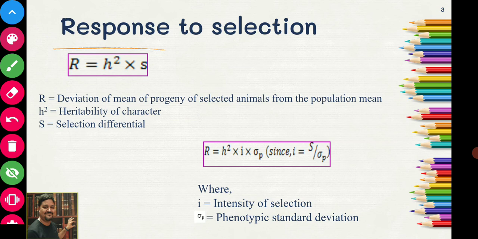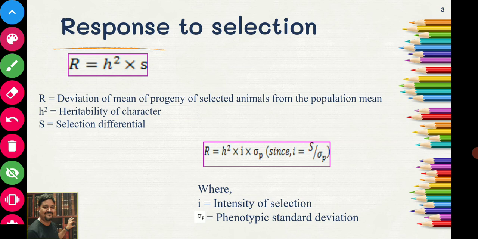It should be increased. So you will search for animals in that population having milk production more than 5 liter, and at the end of the search you come up with two animals having milk production of around 8 liter and 9 liter.